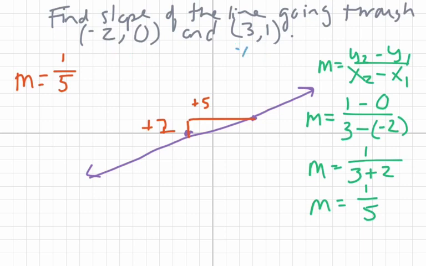But I did mention that it did not matter which way you picked point 1 and point 2. And so just as the exercise here, I'm going to do this out in the other direction.